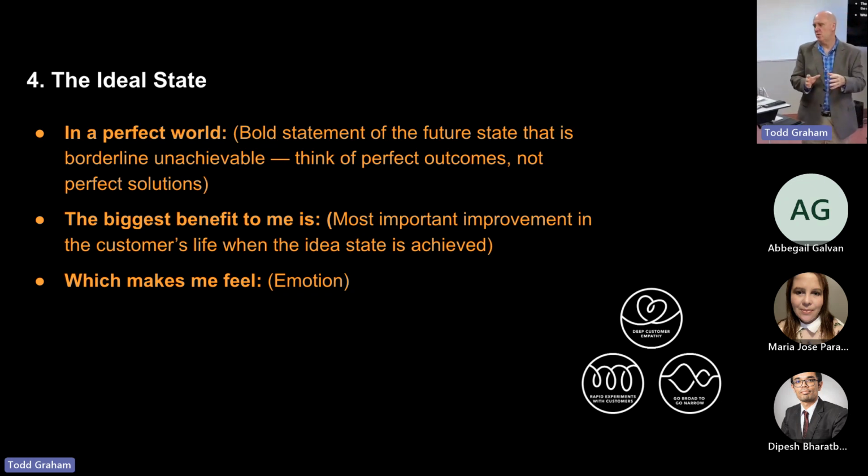You want to come up with the ideal state, the best outcome from working through this problem. The biggest benefit is the most important improvement in your user's state or life. And then ultimately, which makes me feel... how do you want your customer to feel?